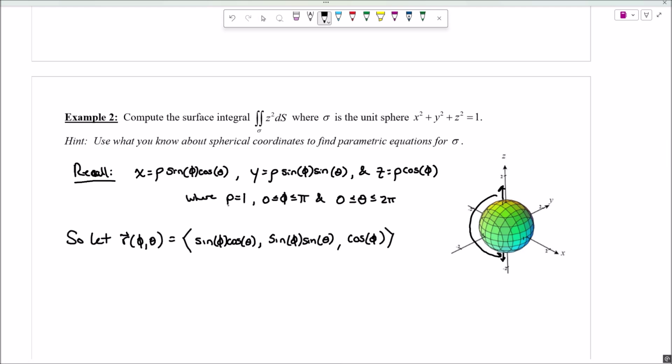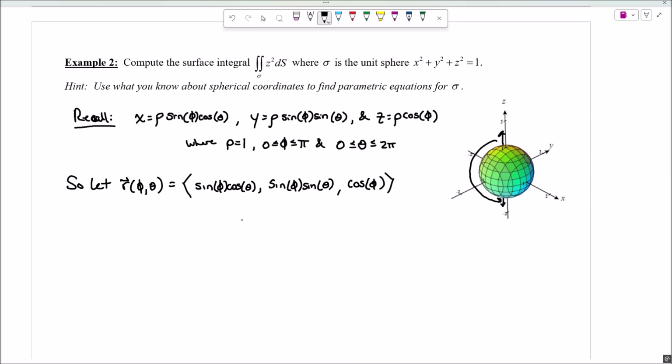And instead of switching over to be in terms of u's and v's, which I absolutely could do, I'm just going to leave it in terms of the original variables. The last thing that I'll add to my parameterization is just the bounds on my variables. Again, we know phi goes from 0 to pi, and theta goes from 0 to 2 pi. Okay, so now I'm ready to start setting up the integral.